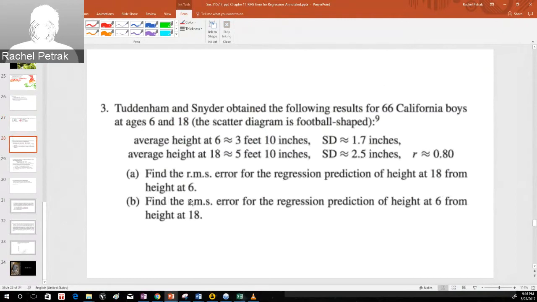Item 3 says Tuddenham and Snyder obtained the following results for 66 California boys at ages 6 and 18, and the scatter diagram is football shaped or heteroscedastic, and we want to find the RMS error for the regression prediction of height at 18 from height at 6.